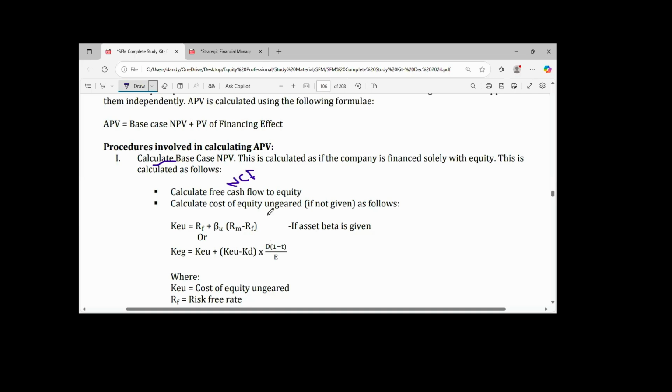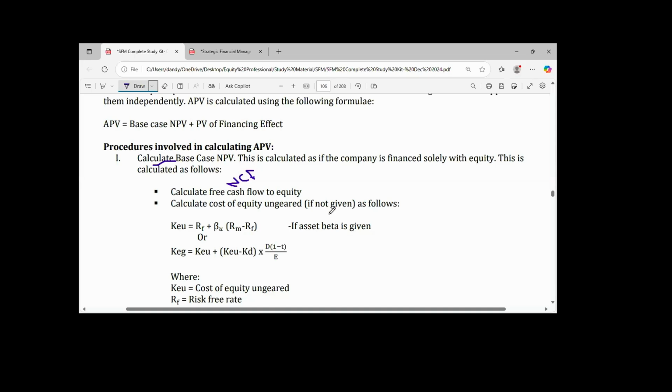To calculate the cost of equity ungeared, there are 3 ways that you can do that. When you want to compute your NPV, normally you are supposed to discount the future cash flows using the WACC of the company. But when you are calculating the base case NPV, you don't use the WACC of the company. Rather, you use the information of the proxy company to do that.